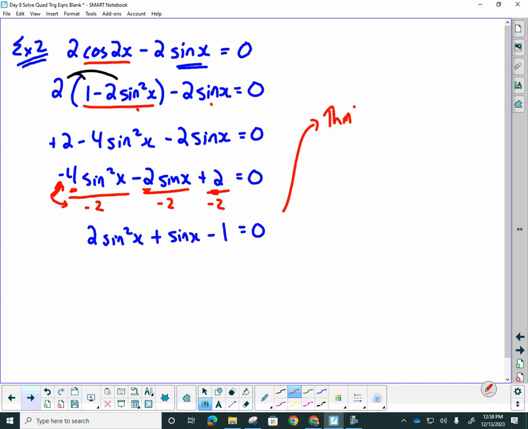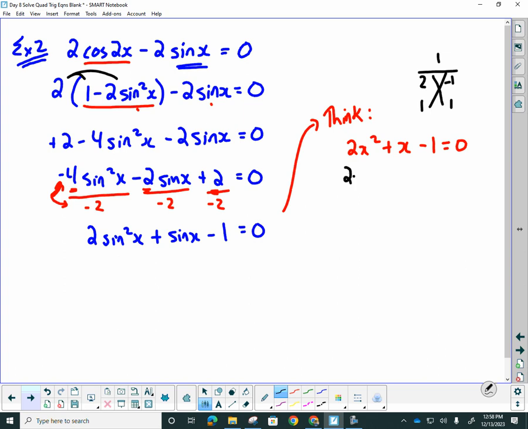I'm going to think like grade 10 and change it to x's because it's a little easier for me to see the factoring I need to do when it's in x's. Again, TV tray, got to serve up a 1, 2, 1, 1, 1. I need a positive 2 and a negative 1 to get that.